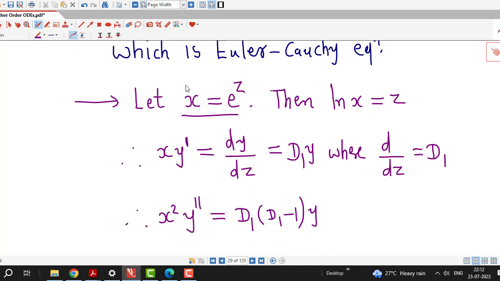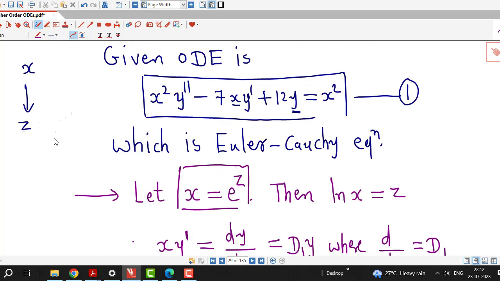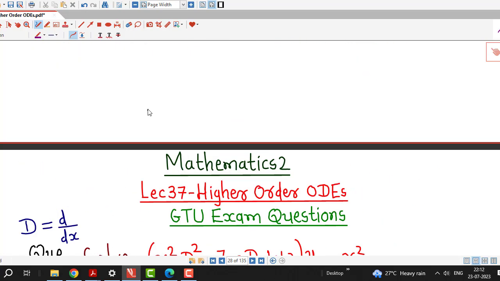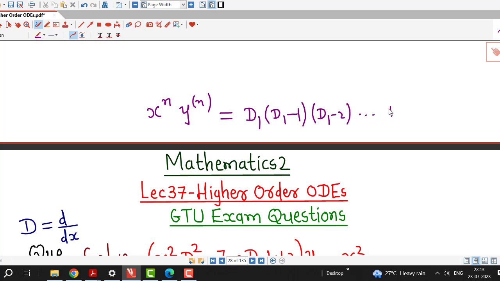In general, if we consider this transformation in an Euler-Cauchy equation, then remember that terms of the type x raised to n into the nth order derivative will be replaced by D1 into D1 minus 1 into D1 minus 2 and so on, up to D1 minus n minus 1, of y. If we have the nth power, we go up to n minus 1 subtracting from D1.